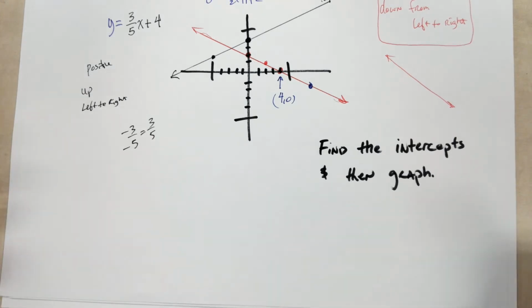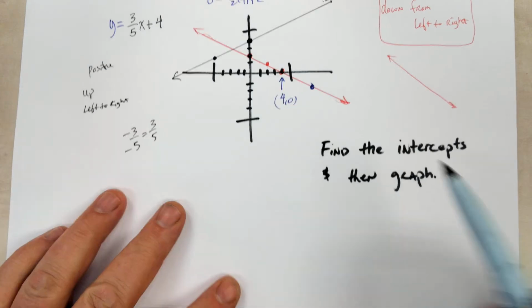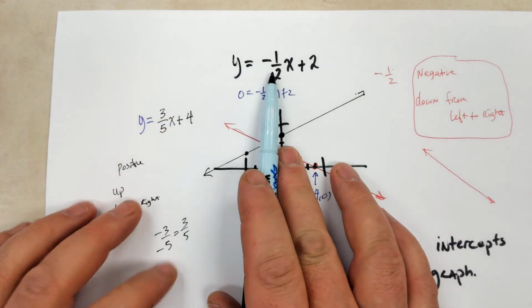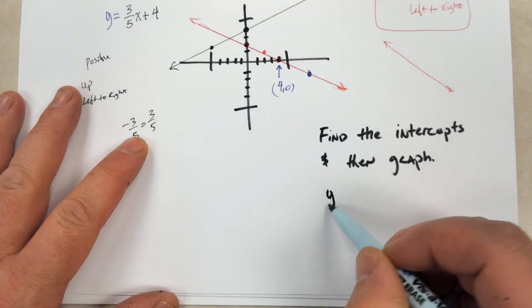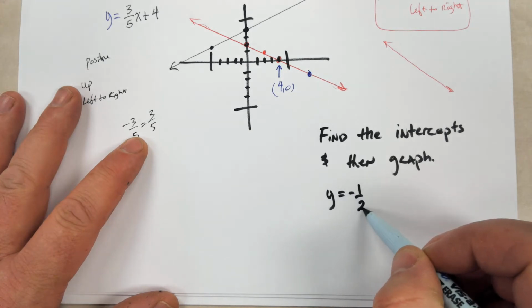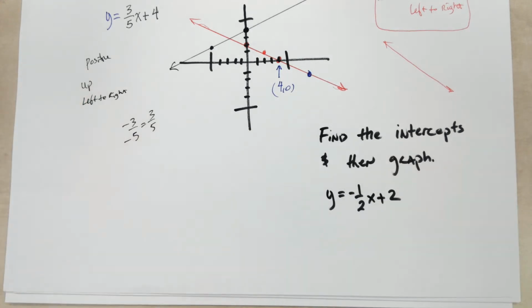So let's say we had something like, we can just use the same equation right here. We already know the answers, so that way we'll know if we got it right. I want to show you the technique so that if it's different and changes, we're good.